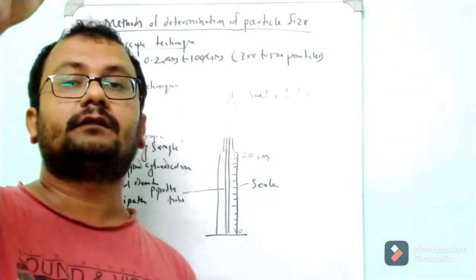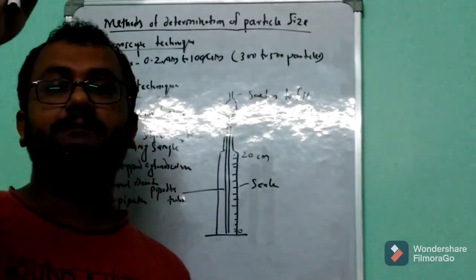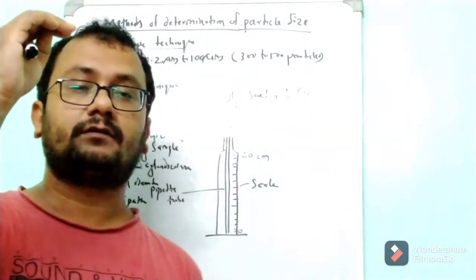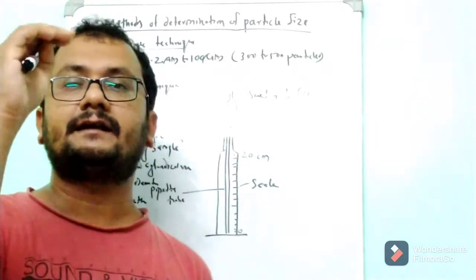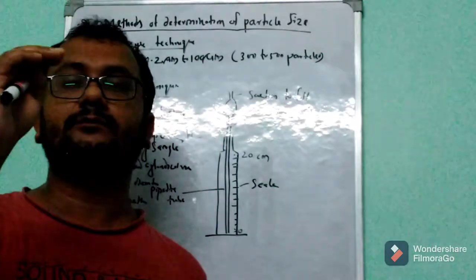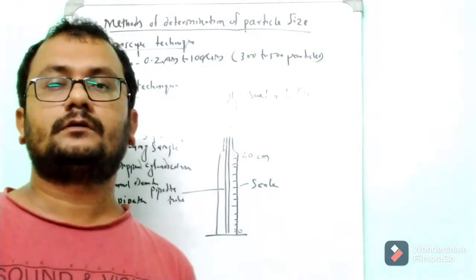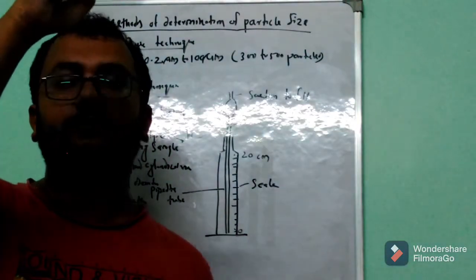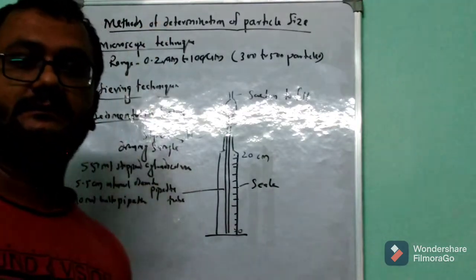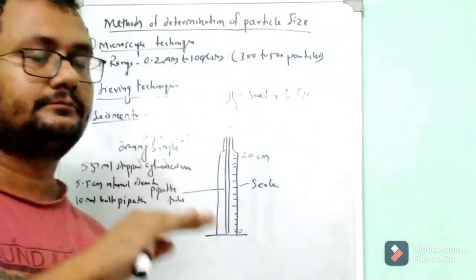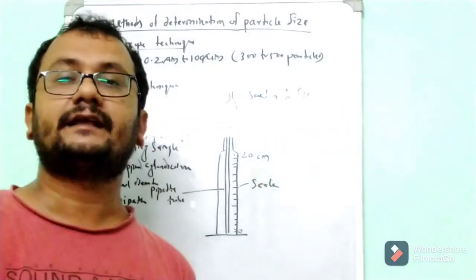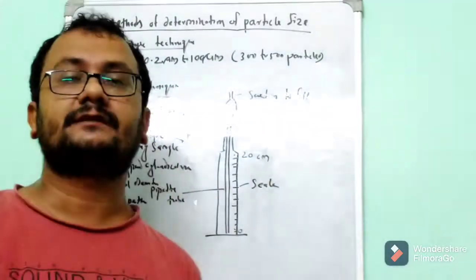When the mesh number is low, the pore size is more, so the top sieve has the largest pore size and the bottom sieve has the smallest.